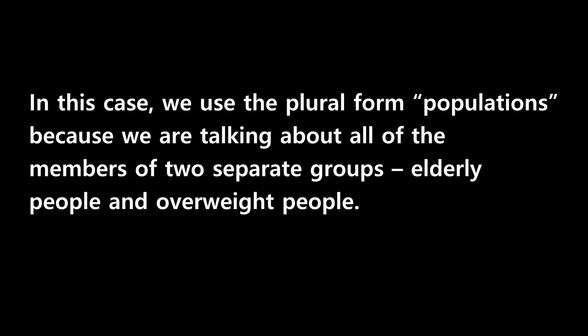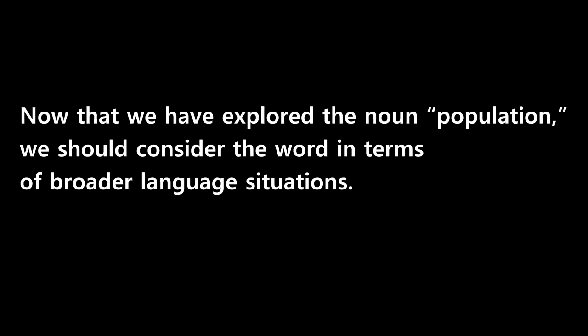Elderly and overweight populations face greater risk from the illness. In this case, we use the plural form populations because we are talking about all of the members of two separate groups, elderly people and overweight people.